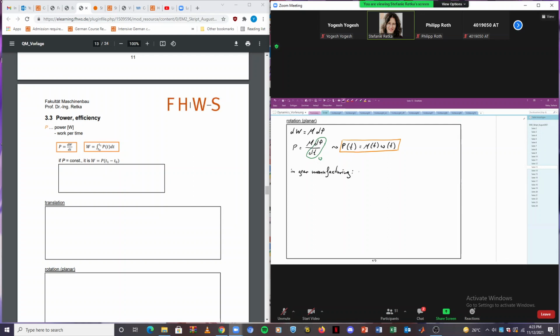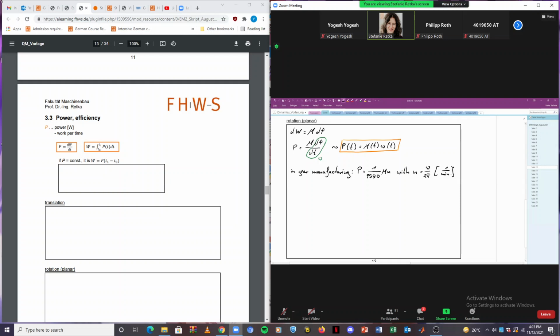So the rule of thumb, how does it look like? The power is equal to 1 over 9,550 M times n. So n is our rotational frequency, in rounds per minute, omega over 2 pi. Dimension is round per minute.